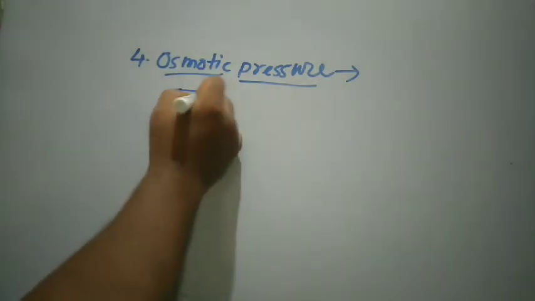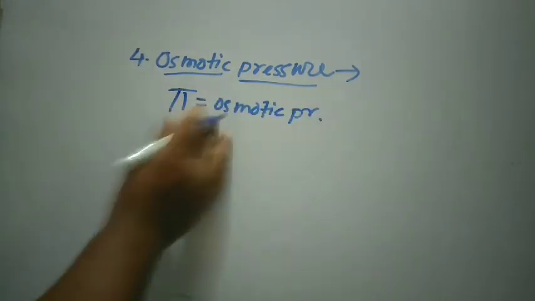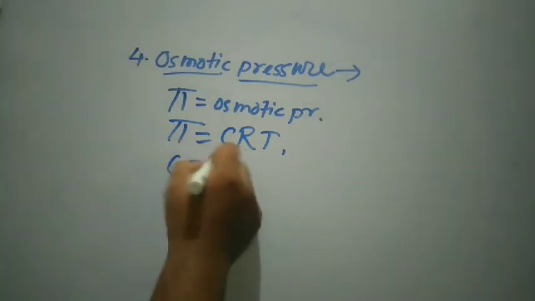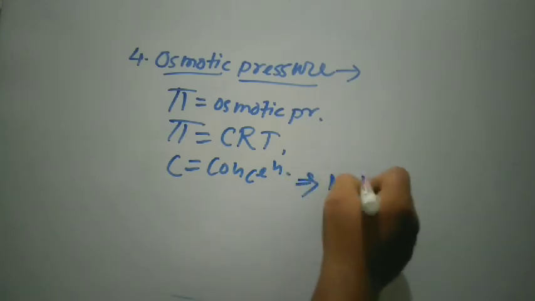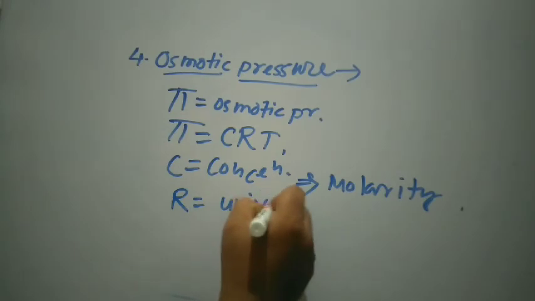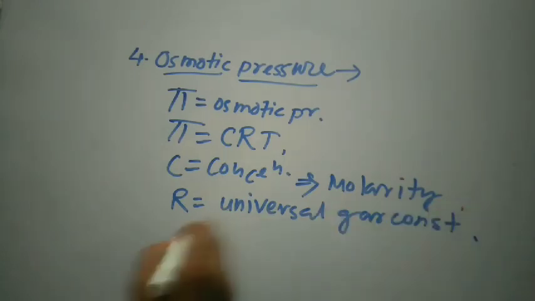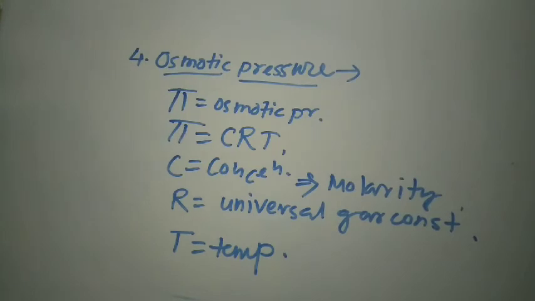So pi, which is the osmotic pressure, is calculated as pi equals CRT, where C is the concentration, or it is also known as molarity. R is the universal gas constant. T equals temperature. So this is the formula for osmotic pressure, right?